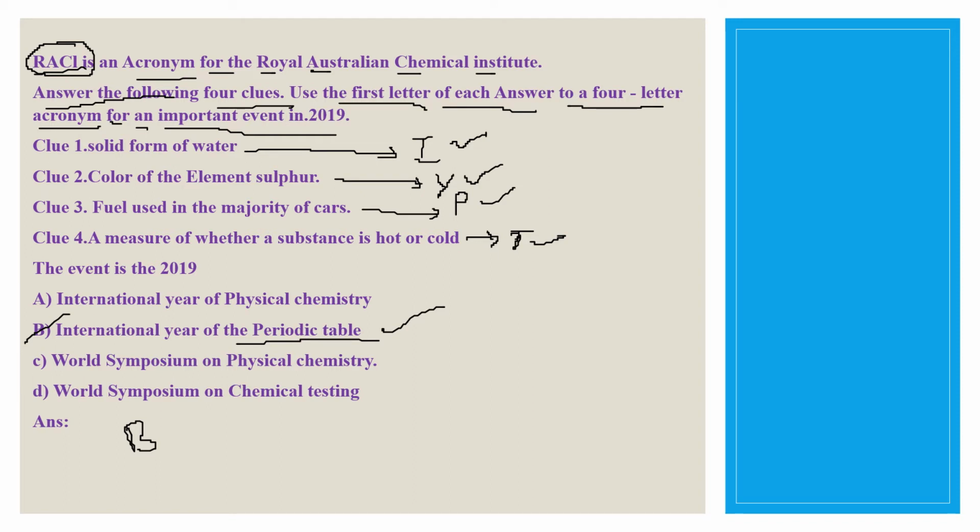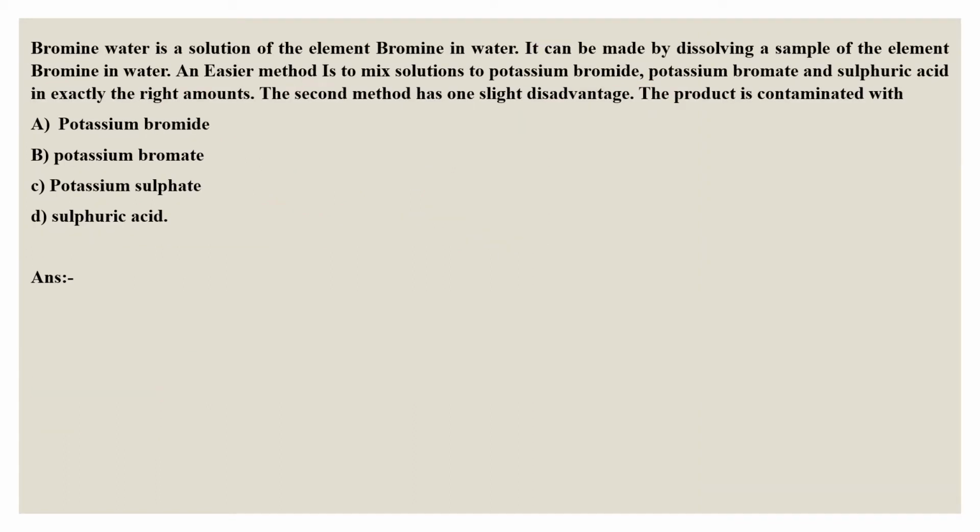Next question. Please go through the question carefully. Bromine water is a solution of the element bromine in water. It can be made by dissolving a sample of the element bromine in water.